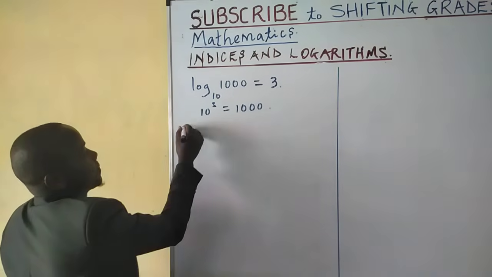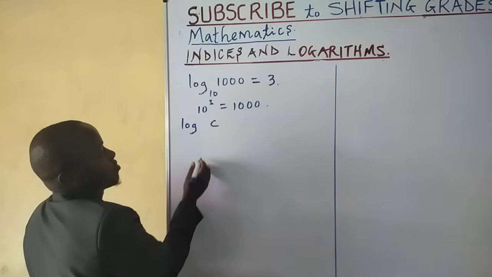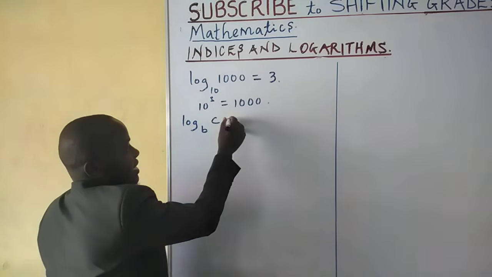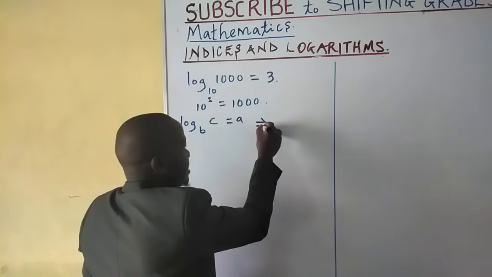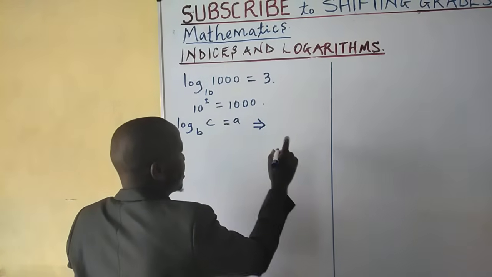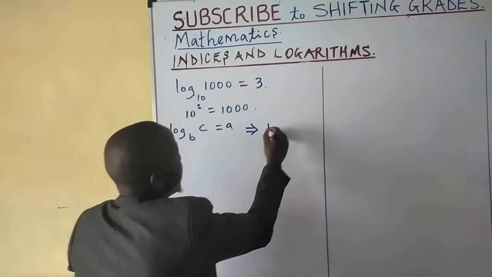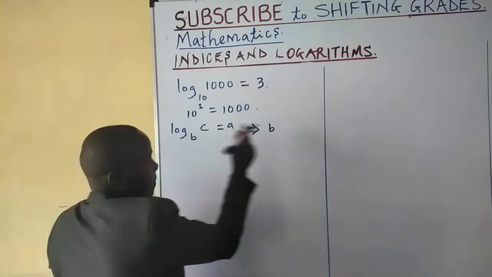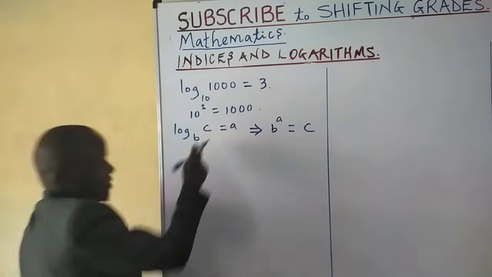Therefore, we can say that the logarithm of a number c to base b is equal to a actually means that when we take b and we raise it to power a, we will get c.